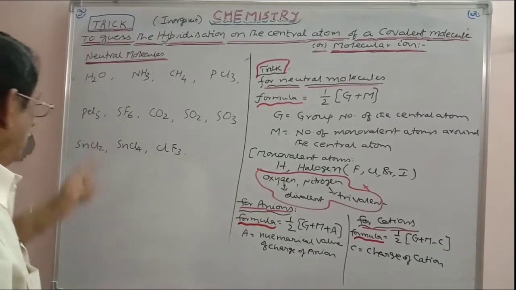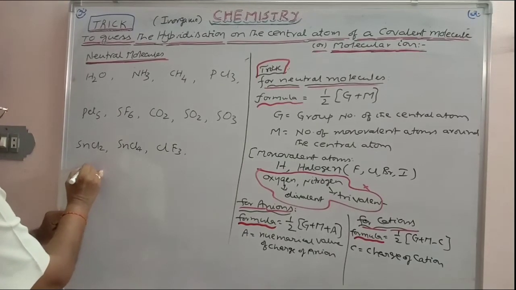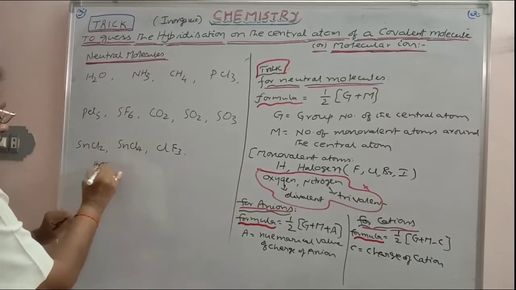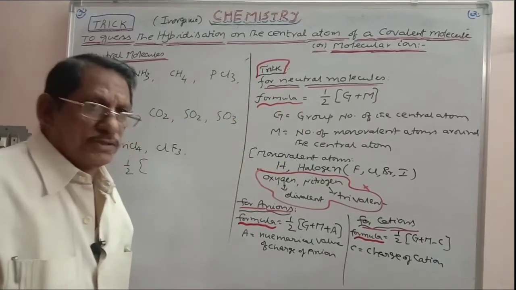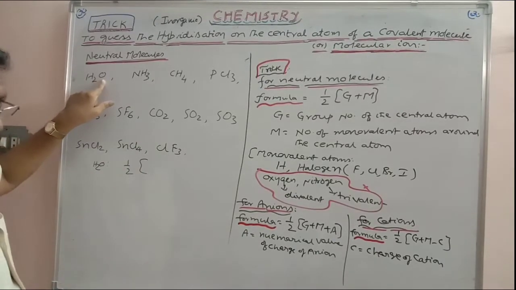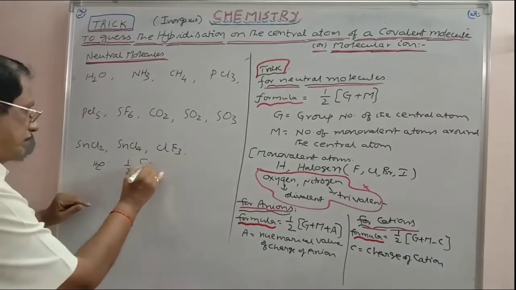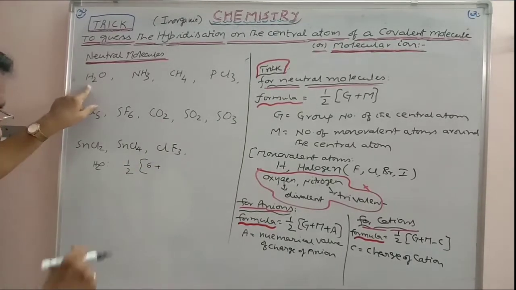First of all, H2O: half into G plus M for a neutral molecule, where G is the group number of the central atom. What is the central atom here? Oxygen. What is the group number of oxygen? 6. Plus, how many surrounding atoms are there? 2 hydrogens.